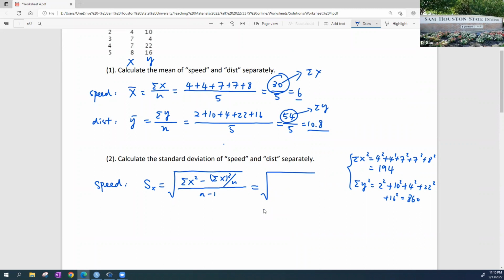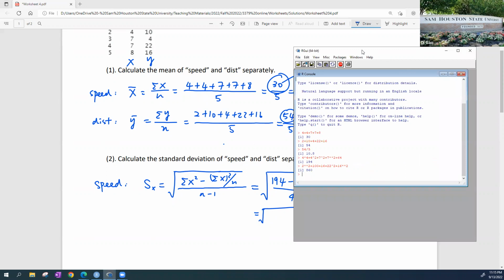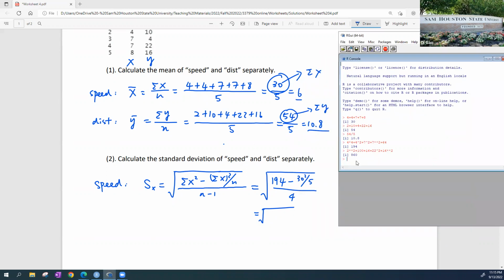So now let's plug in. Sum of x squared, 194, minus sum of x, which is 30, squared over 5, divided by 4. So that's the square root of what? Let's see the variance first: 194 minus 30 squared divided by 5, and that divided by 4.